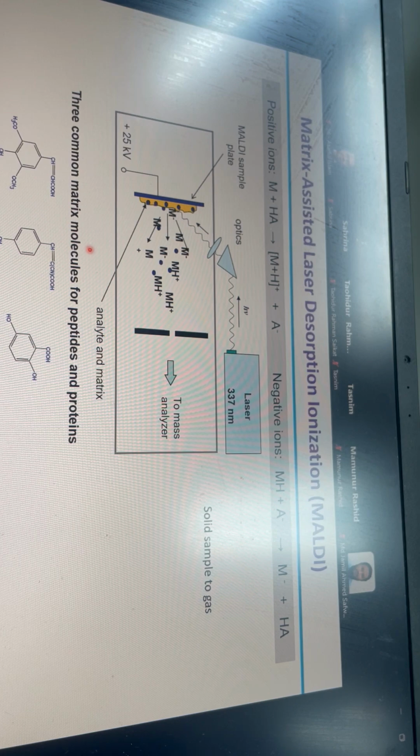If nanoparticles or polymers are not dissolved in water or organic solvent, you cannot use ESI for that type of analyte. We can use the matrix assisted laser desorption ionization technique.